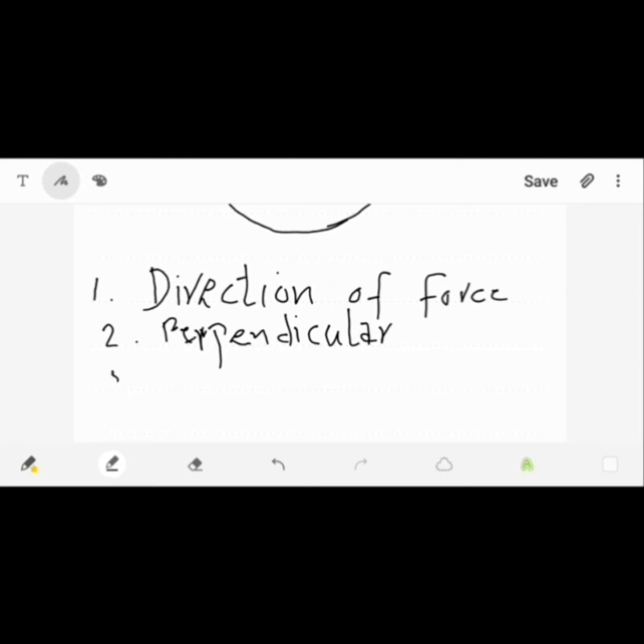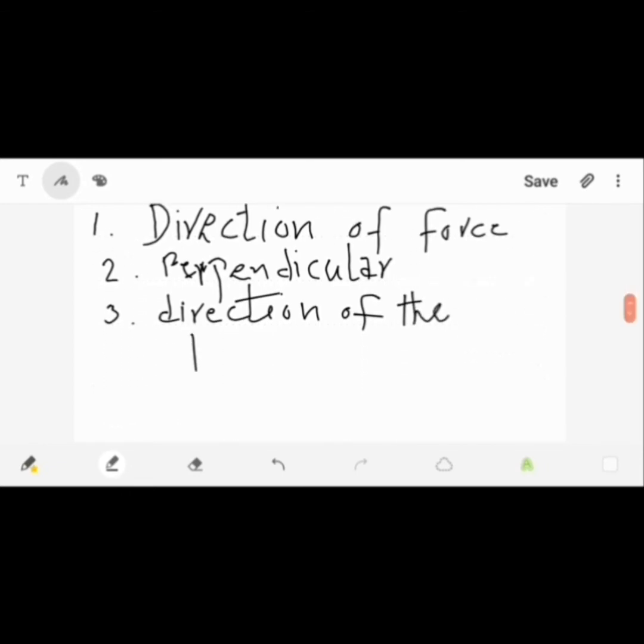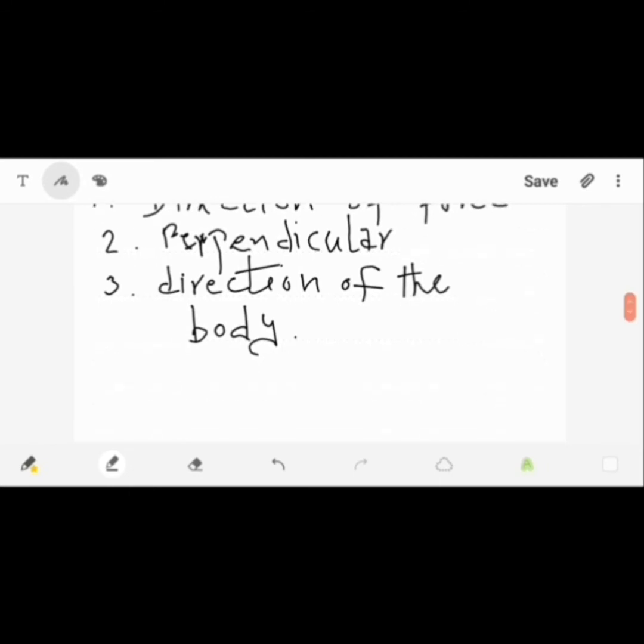Number three, this force is continuously changing the direction of motion of the body, but itself it remains towards the center of the circle. Number four, it is represented by Fc. It is a vector quantity.